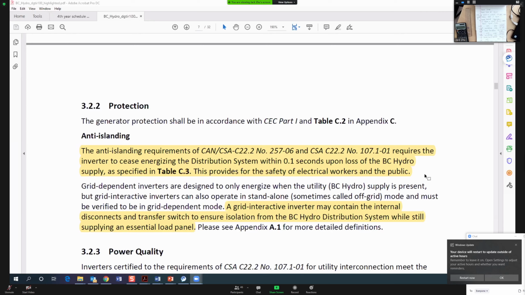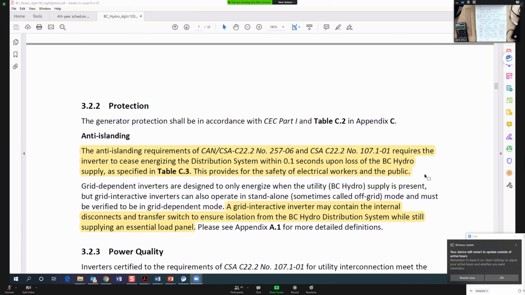So when your inverter or your system detects the hydro power line lost power, mostly by voltage, right? You test the voltage. If the voltage drops below a certain value, you think, okay, the hydro power line has lost power. They don't have supply anymore. Your inverter or your controlling system has to disconnect from the hydro system.